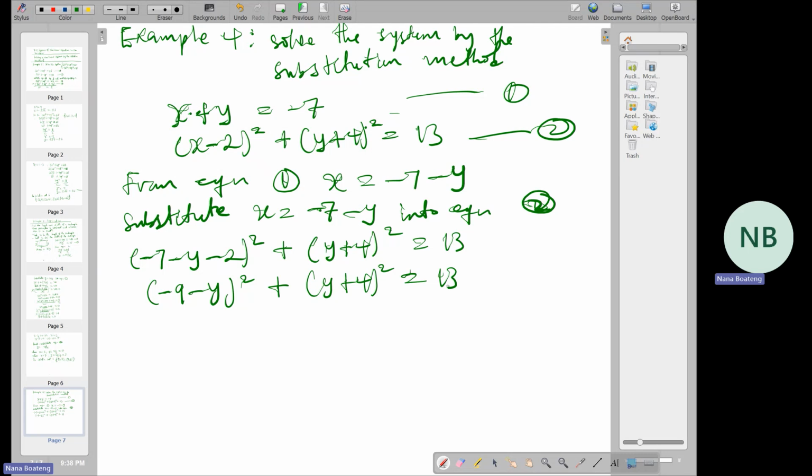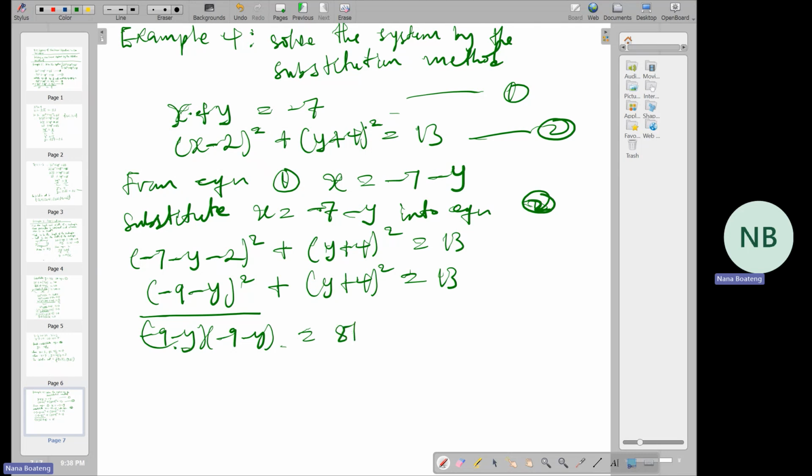Okay, so we have this. So now we can expand the parentheses and add up the terms to simplify. So the expansion of the first parenthesis is negative 9 minus y times negative 9 minus y, and equals negative 9 times negative 9 is 81.